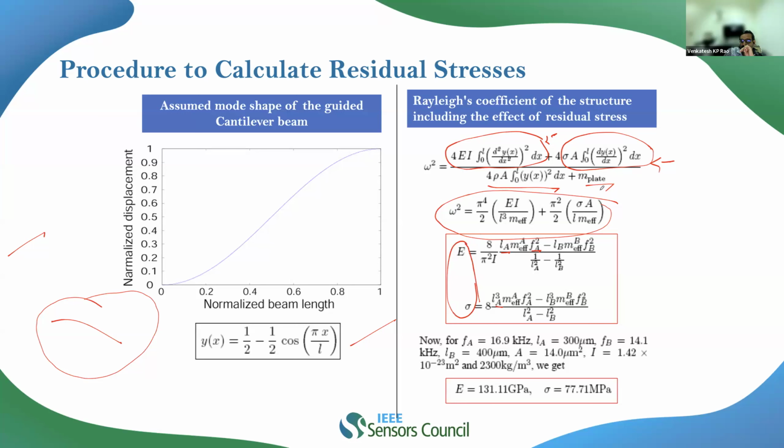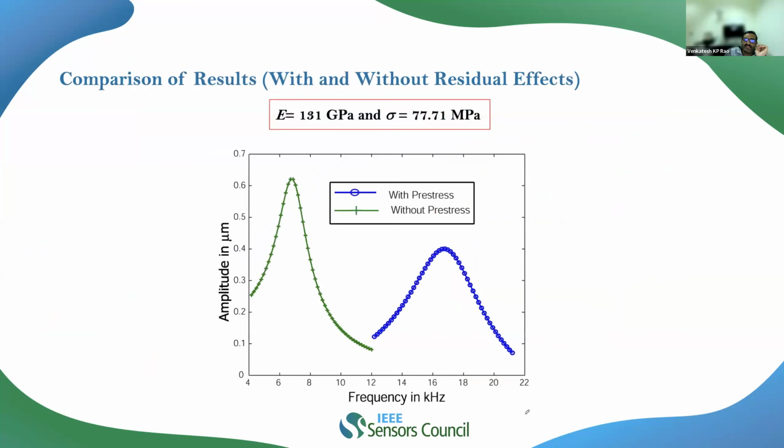Let us evaluate E and sigma from this. One is FA, the other one is FB. Just substitute back and evaluate E and sigma. If you back calculate, you can get 130 gigapascals and 77 megapascals. The same thing you can do through your numerical software also.